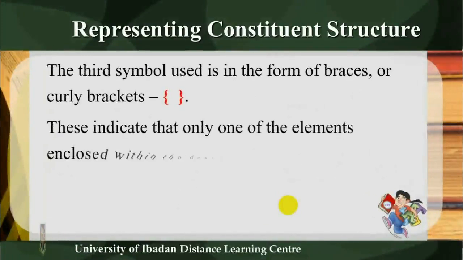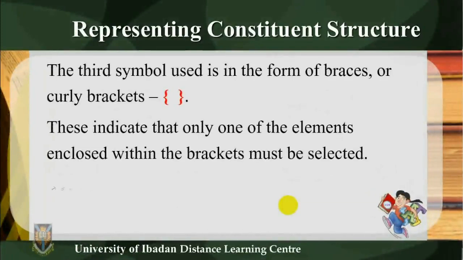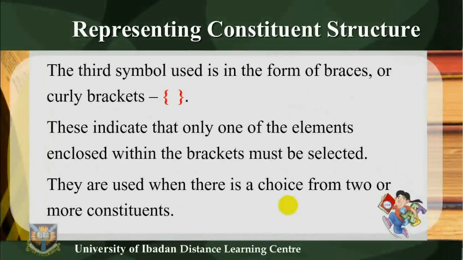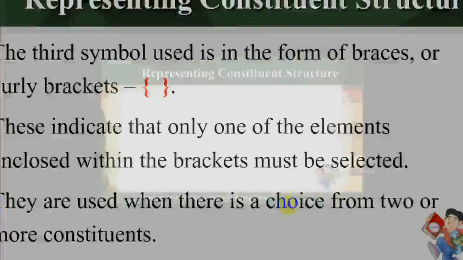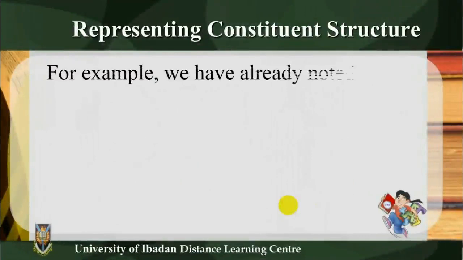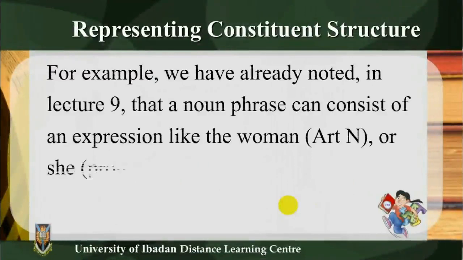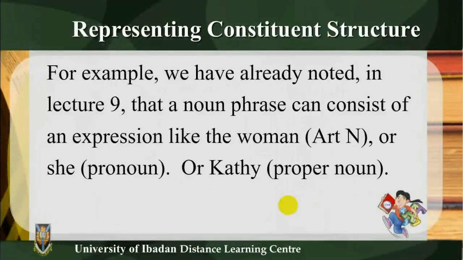This indicates that only one of the elements enclosed within the brackets must be selected. They are used when there is a choice from two or more constituents. For example, we have already noted in Lecture 9 that a noun phrase can consist of an expression like the woman, Art N, or she, pronoun, or Kathy, proper noun.